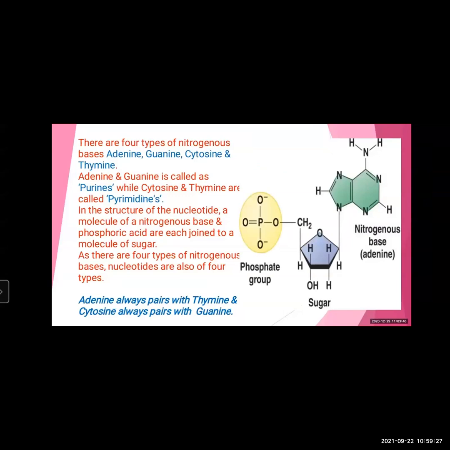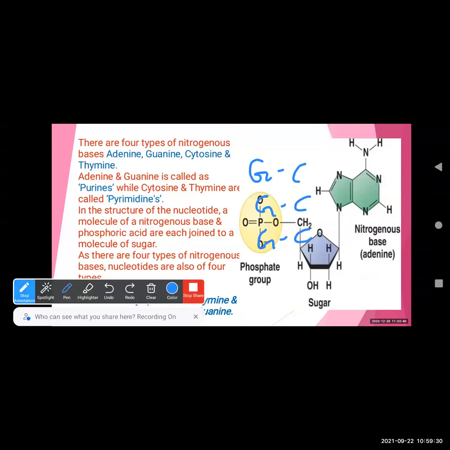Then here you can see the detailed structure or the molecular formula of the DNA. See, this is a sugar molecule. You know the molecular formula of a sugar, right? So this is the structure of this sugar. Then this sugar molecule is attached with the phosphate group. This is called the phosphate group. And also the sugar is attached with the nitrogenous base.